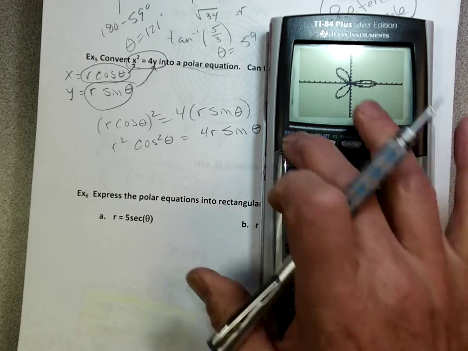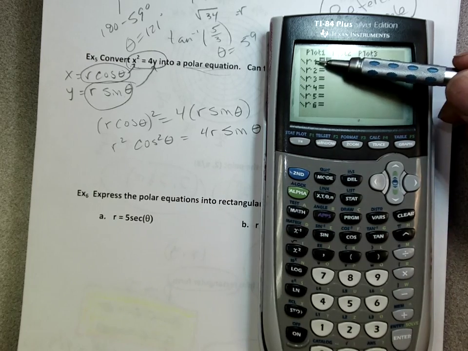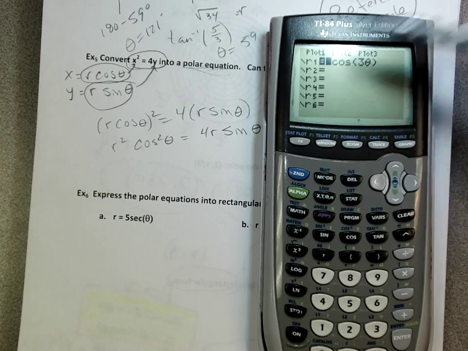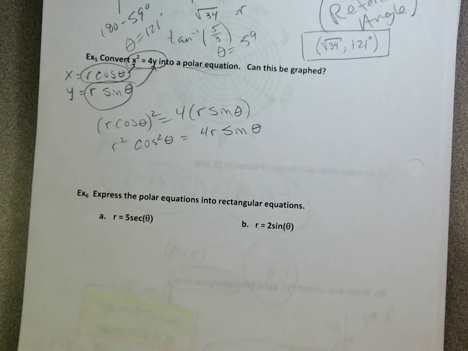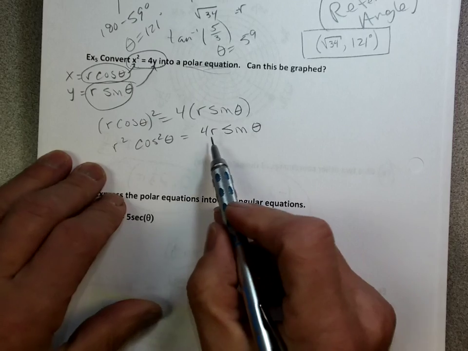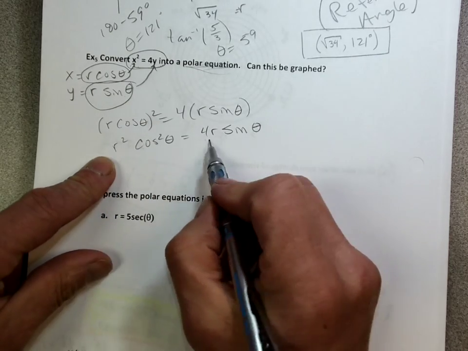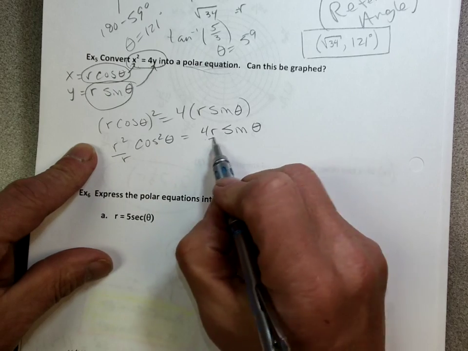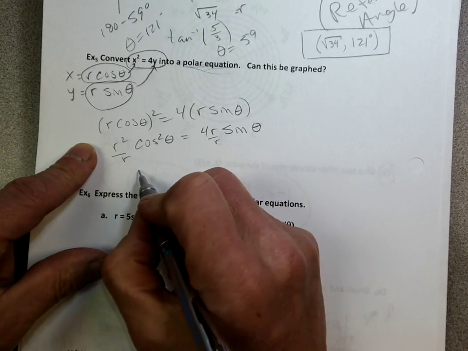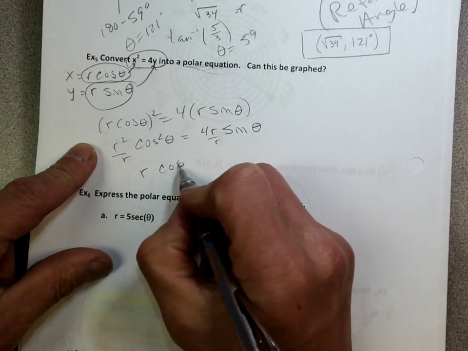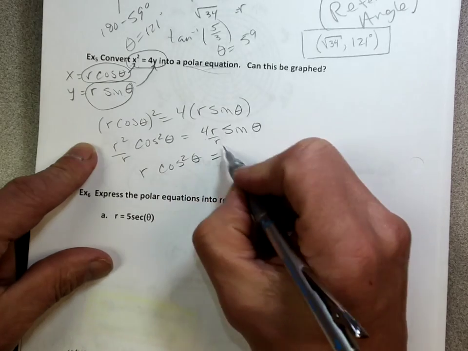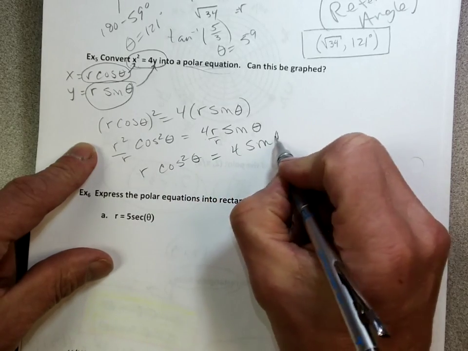The problem is that to graph this one, you have to have r solved by itself. It's got to be r equals to put in the calculator. So how would I solve for r? If I divide by r, I get r cosine squared theta equals 4 sine theta.